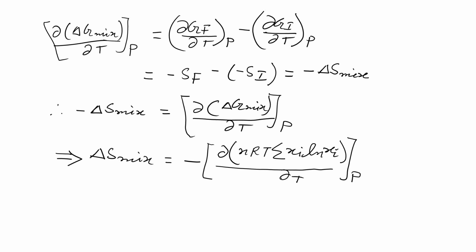So what is left over is d by dT of T, which equals 1. The final answer is delta S mixing equals minus nR summation of xi ln xi.